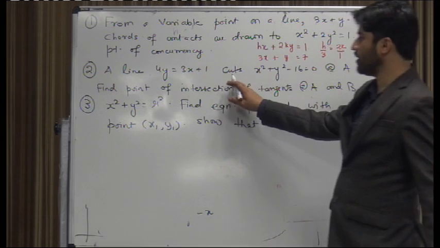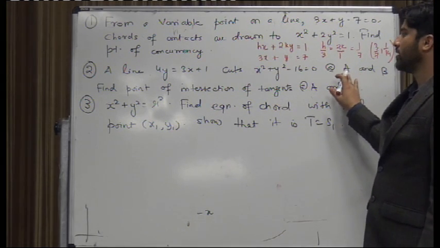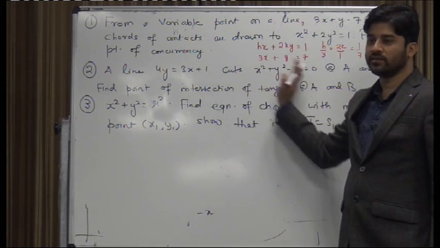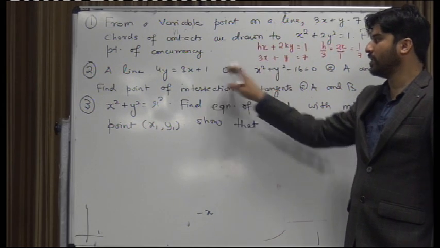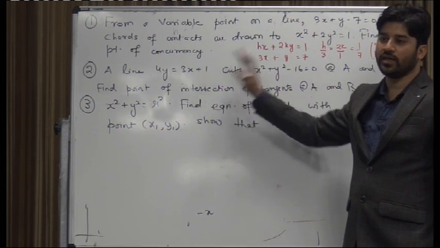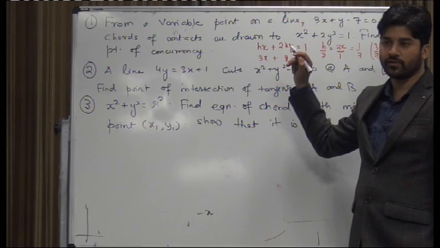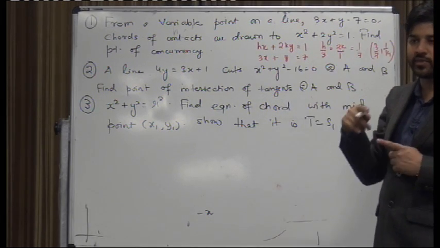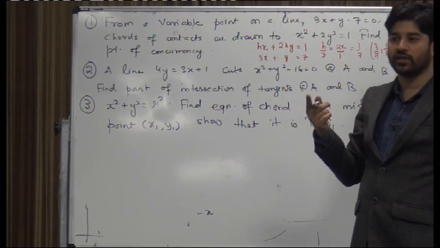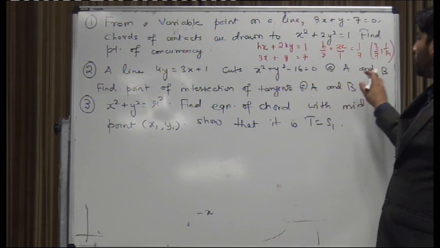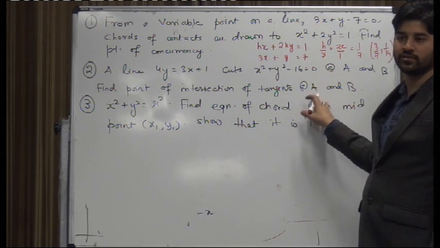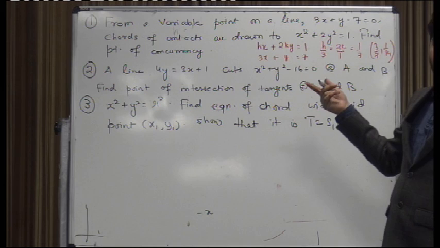देखो ये क्या है? A line cuts this circle at A and B. मतलब ये क्या हो गया? AB turns out to be a chord. और AB से अगर आप tangent बना रहे हो तो AB turns out to be chord of contact with respect to the point of intersection of those tangents. So I'll say simply as h comma k.